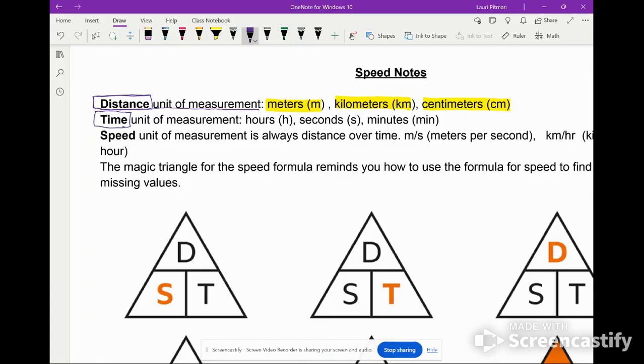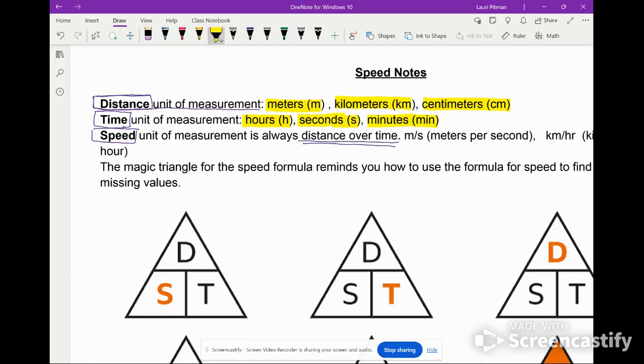The next is time. Time is like how long is it going to take me to do something. So we have hours, we have seconds, and we have minutes. Okay? And then finally, we have our unit of measurement for speed. Now, since we calculate speed as distance over time, it's a combination of the two.